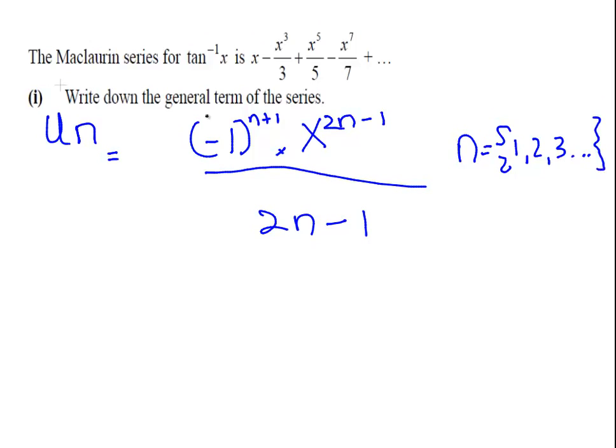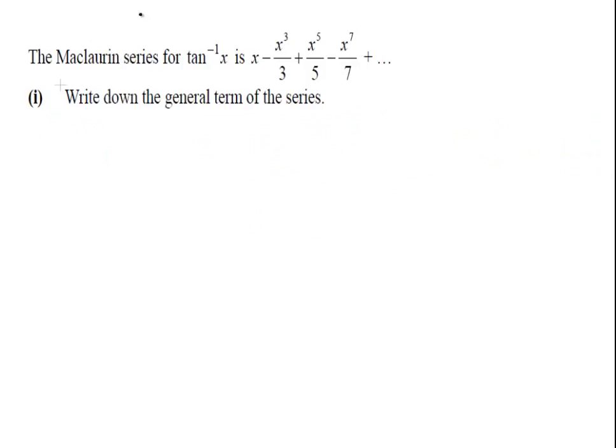Now I'm going to talk about 0 indexing. The thing about 0 indexing is that it's a bit of a dead end, because if you consider ratio tests and stuff like that, you want u of n and u of n plus 1, so you need u of n.